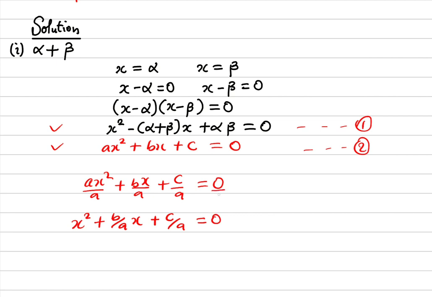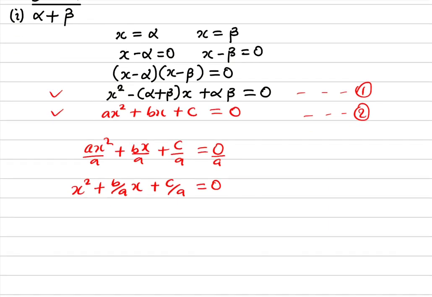Of course, hope you know that even if I divide, it's still going to give me 0. So take note of that. Now, they actually look very similar. So this is x squared minus (alpha plus beta) x plus alpha beta equals 0.